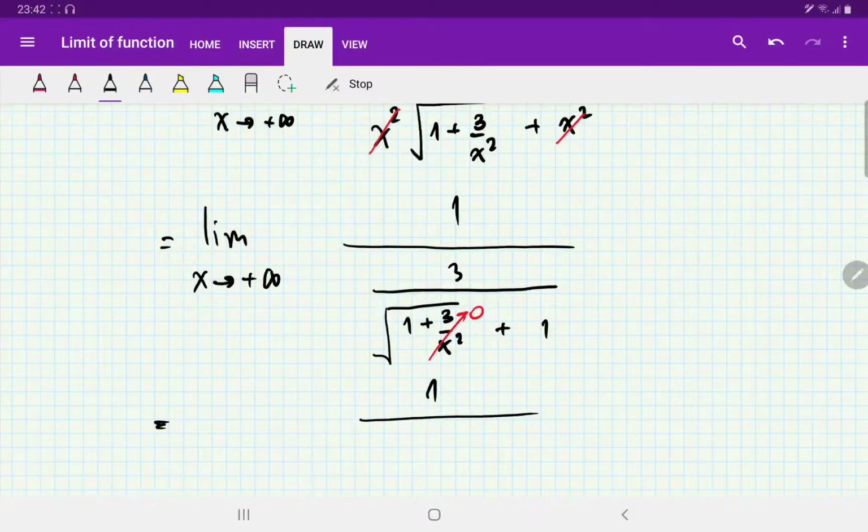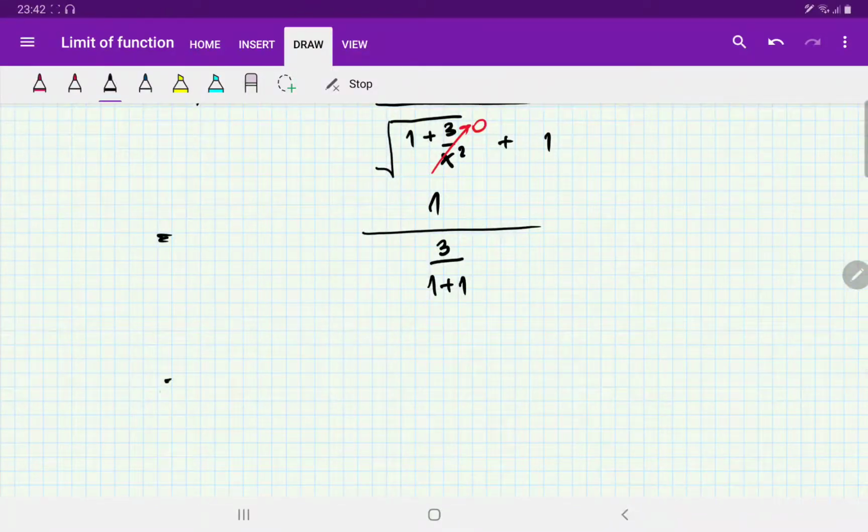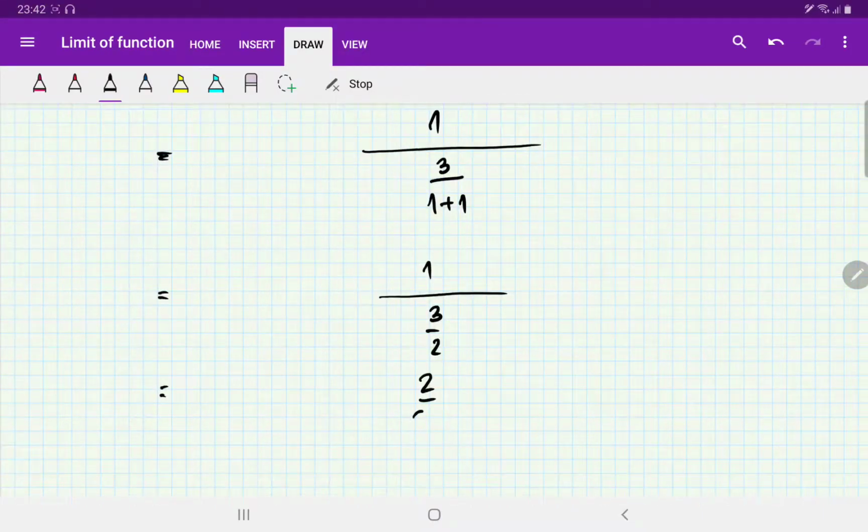Let's get the last solution. We have 1 over 3 divided by 1 plus 1, or 1 over 3 halves. For the last solution, we have just 2 divided by 3.